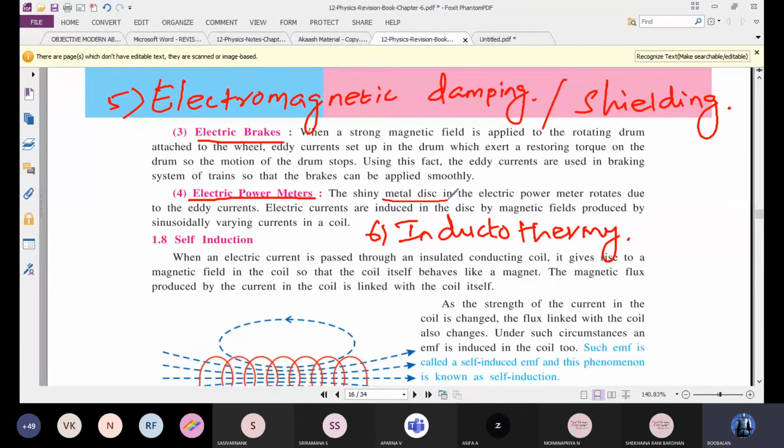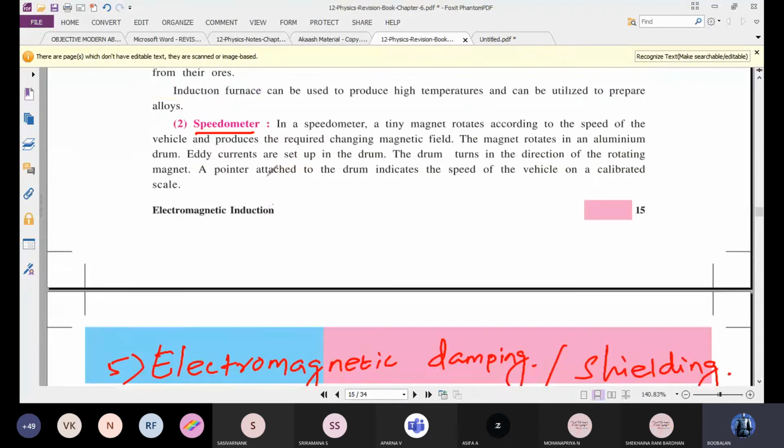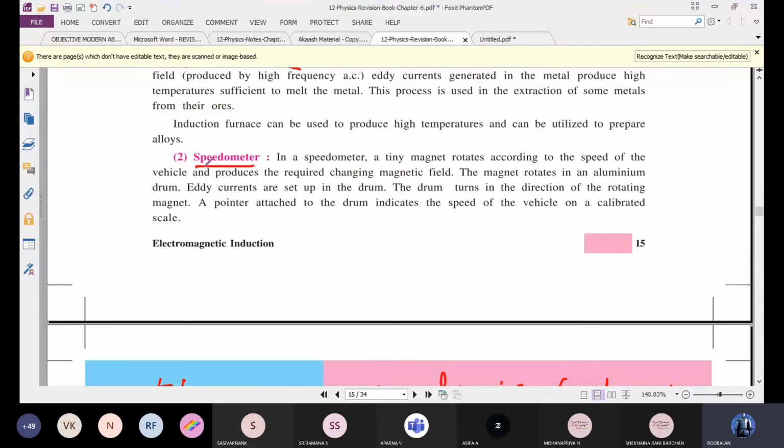The metal is aluminum. For the electric power meter they use an aluminum disc. Please note it, that is the aluminum disc. And eddy current is used for the speedometer also.